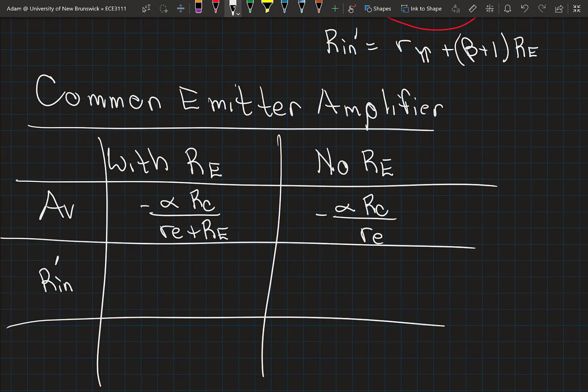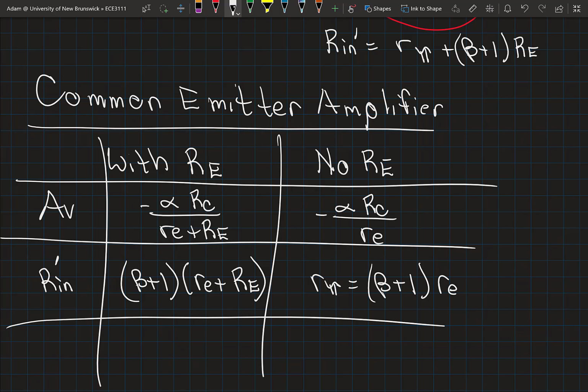But just looking directly from the perspective of the base, it's equal to beta plus 1 times little re plus big RE. Or with the emitter resistor bypassed, it was simple to evaluate, it was just equal to R pi, and we remember that R pi is equal to beta plus 1 times re.